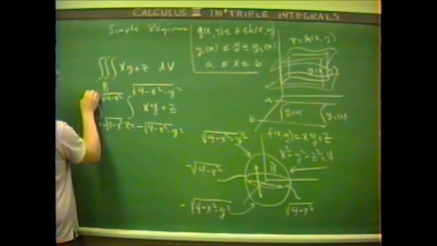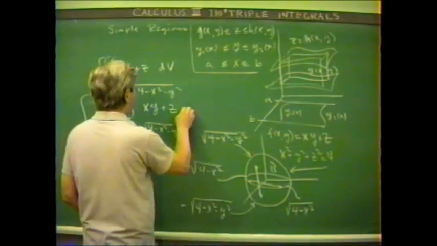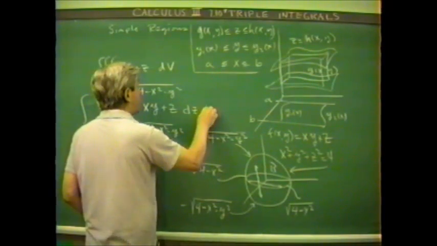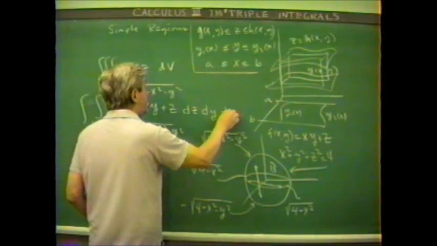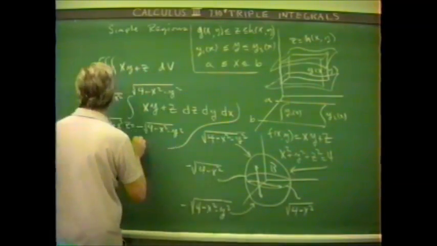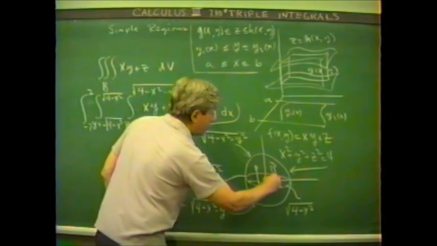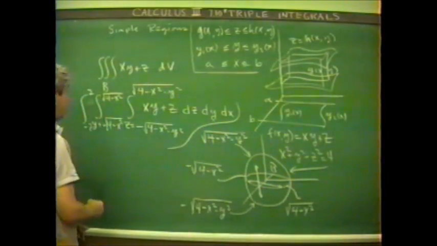And finally, we first integrate with respect to z, then with respect to y, and then with respect to x from minus 2 to 2, because this goes in the x direction from minus 2 forward to 2.